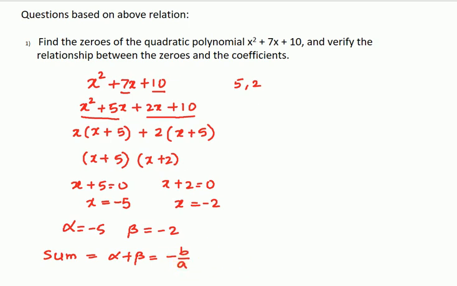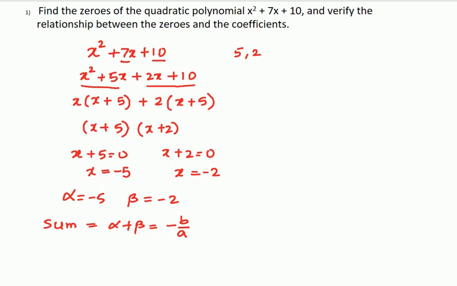This we need to verify. For that, first we will write down the values of a, b, c. The value of a is 1, the coefficient of x square; b, the coefficient of x, is plus 7; and c, which is the constant term, is plus 10.